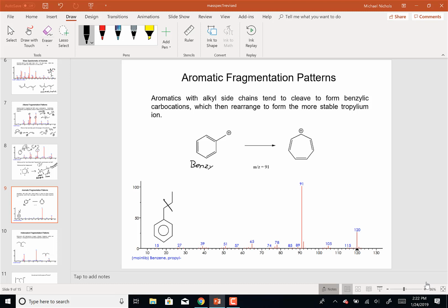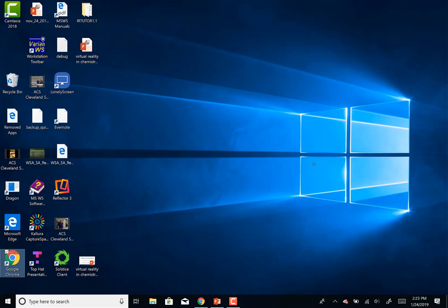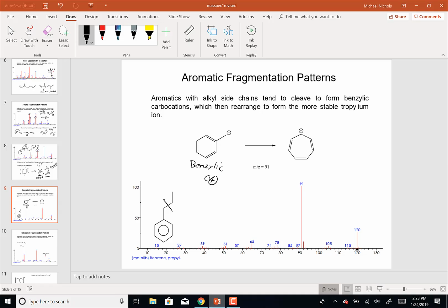It gets a new name: this is a benzylic carbocation. I could write 3 more resonance structures if I move the plus charge in the ring. So that's a benzylic carbocation. It's fairly stable. Now, we are going to learn later that the molecule on the right is called a tropylium ion. Don't worry.